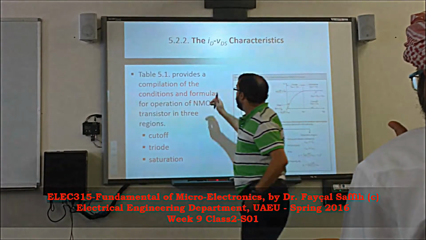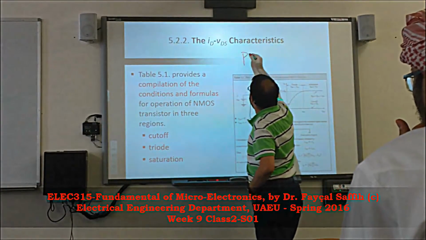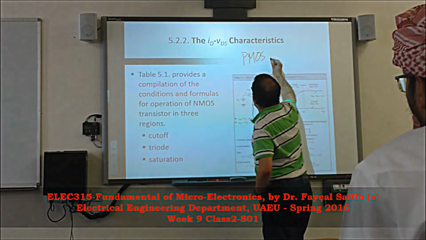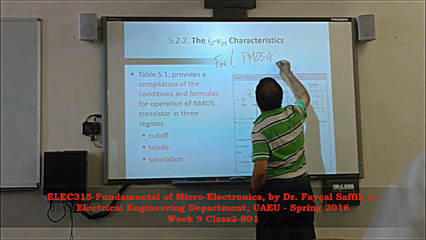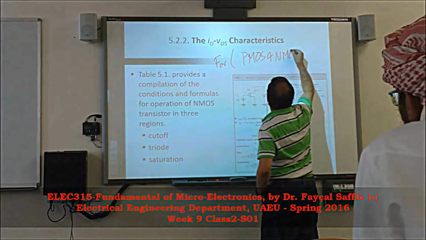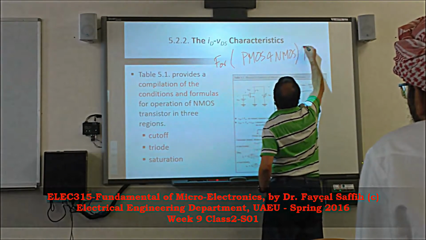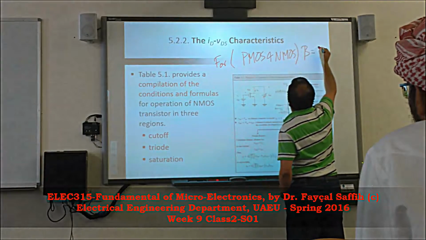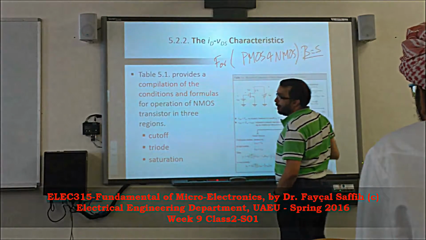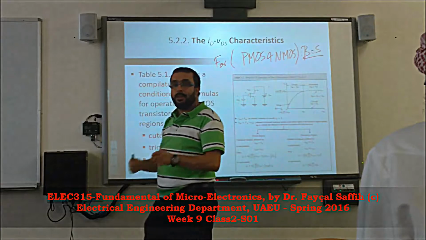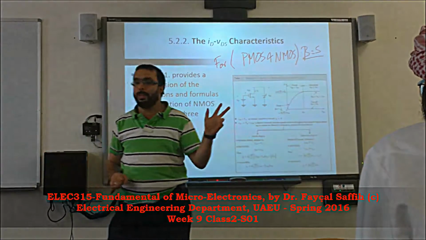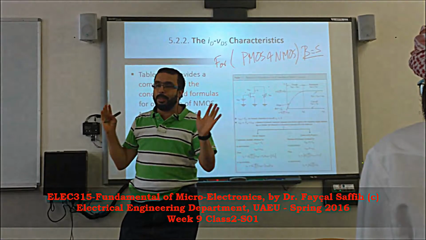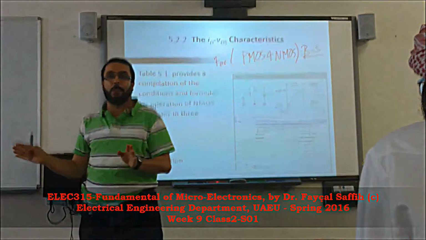For both PMOS and NMOS, the body terminal is equal to the source terminal. It means they are connected physically. We take the body and connect it to the source, because we have a 3-terminal device. A 4-terminal device is another story, out of scope.